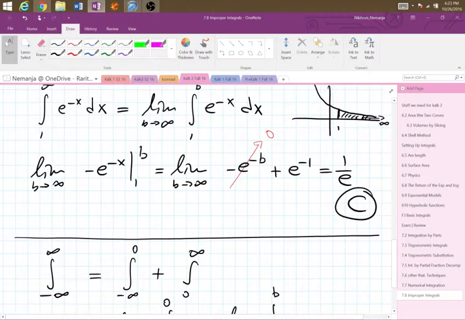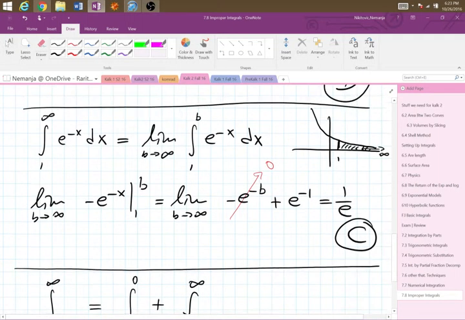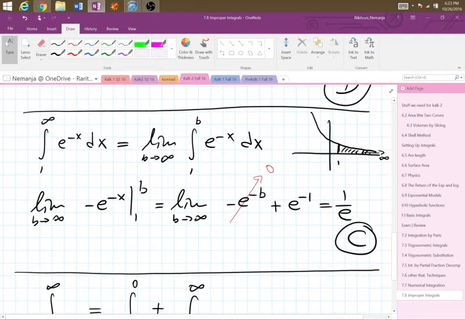The meaning of that, and why we use that particular language, should be clear if you look at the graph of e to the negative x. The graph of e to the negative x is leaking area forever to the right. Do we all see that? Yes, we do, right?